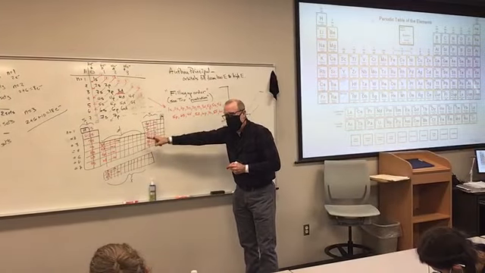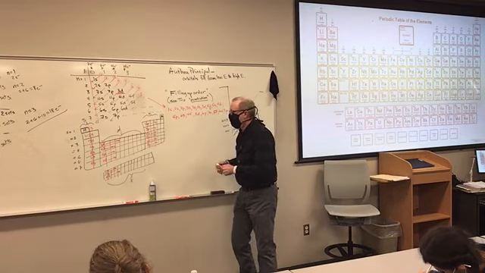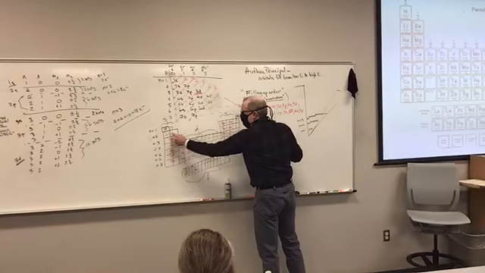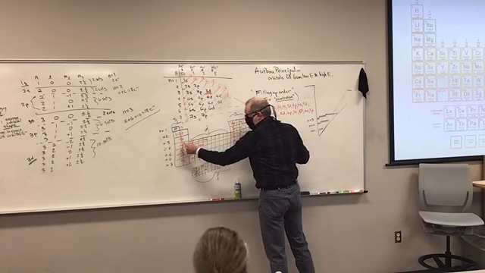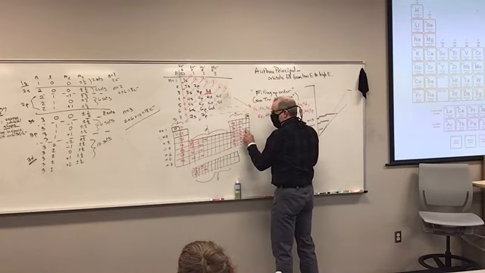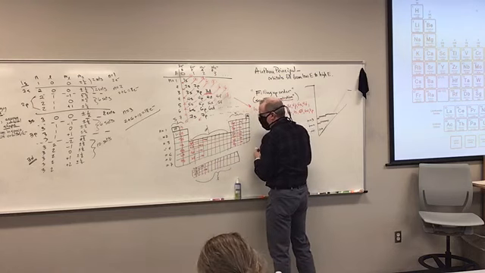This gives us the filling up order. Okay, so 1S, 2S, 2P, 3S, 3P, next row, 4S, 3D, 4P, next row, 5S, 4D, 5P.